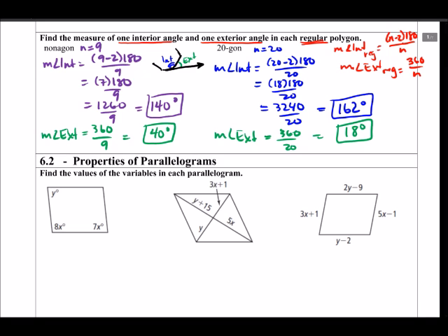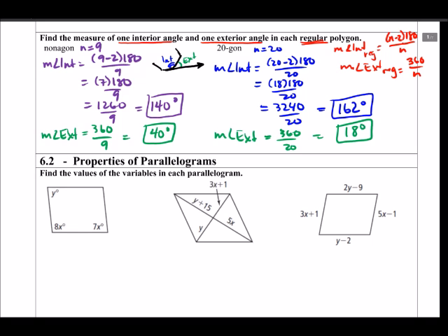So those were easy. Just know what it is you're doing. You know that you can find the sum of the interior angles based on the number of sides. If it's a regular polygon, you take that sum and divide it by the number of sides. We know the sum of the exterior angles of every polygon is 360.